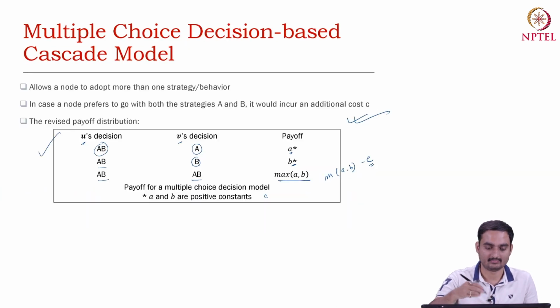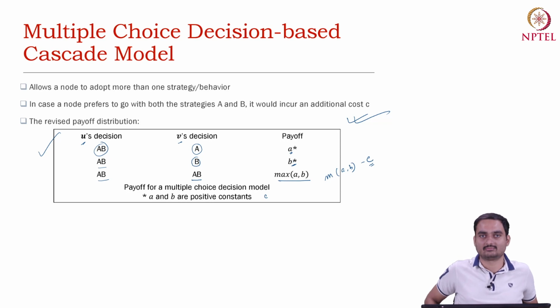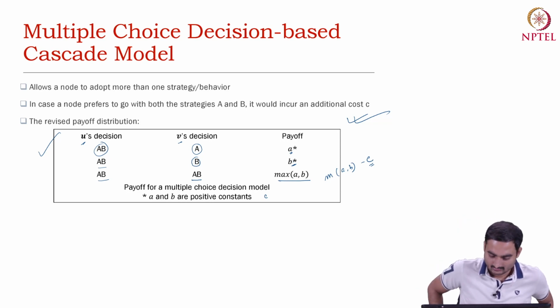For the multiple choice strategy, if your neighbor has adopted A and you have adopted AB, the payoff would be A, but the cost would be C because you have adopted both strategies. If your neighbor has adopted B and you have adopted AB, the payoff would be B plus the cost. And if both you and your neighbor have adopted AB, then the payoff would be max(A, B) minus the cost. That's the total payoff.